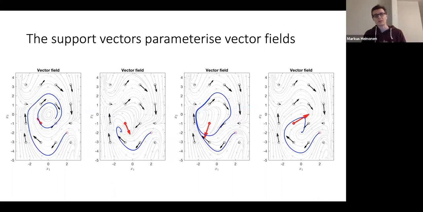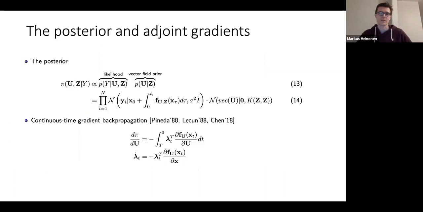This requires us to have very efficient gradient computation to solve this problem, and in practice also something like MCMC, because we don't want to simply cover a single mode of the posterior. Here is a high-level view of the posterior.